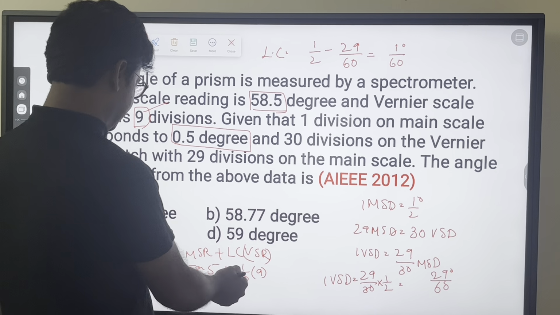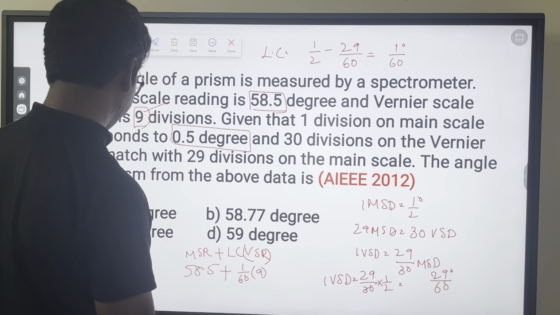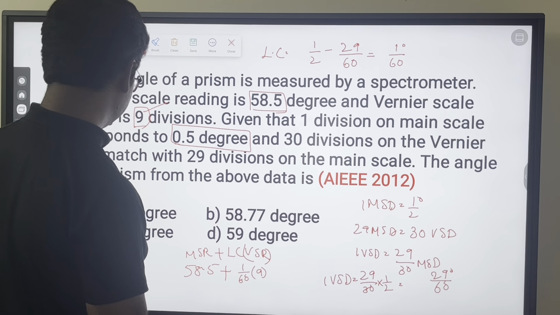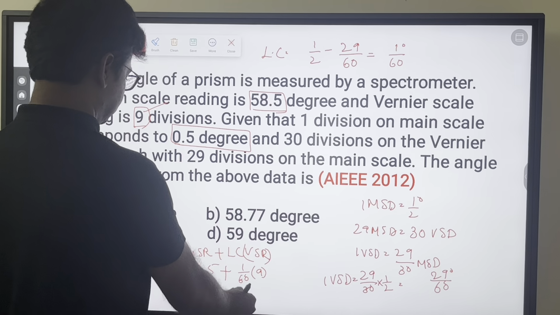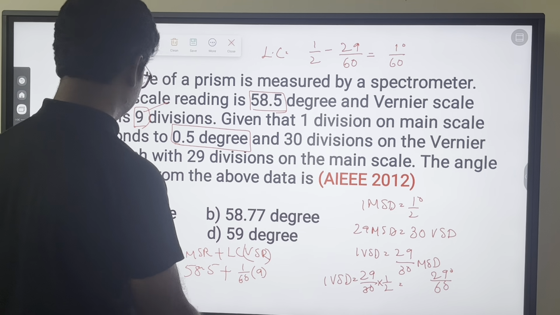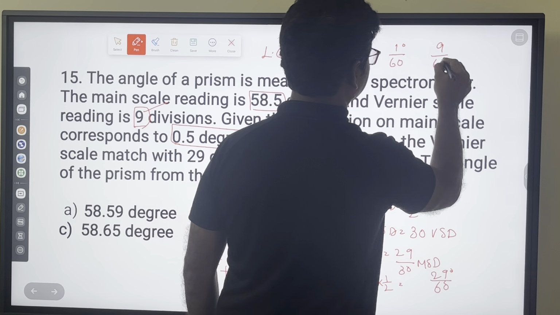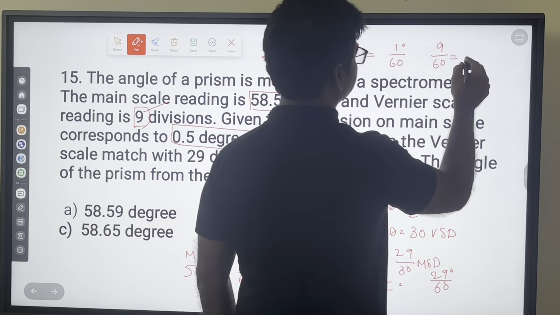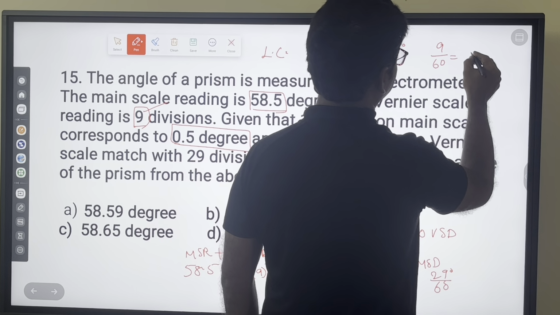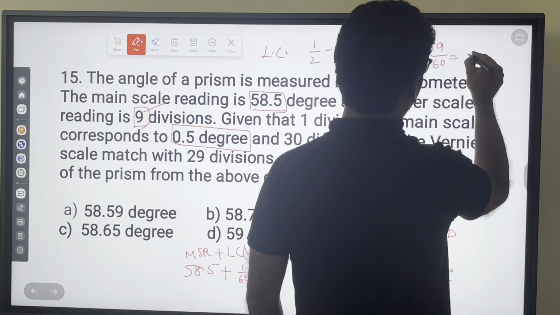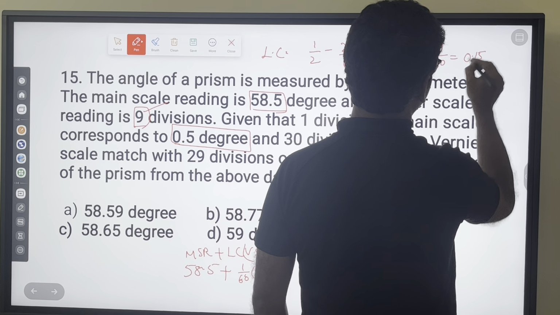So 9 by 60 degrees added to 58.5, which is given. 9 by 60 degrees is equal to 0.15.